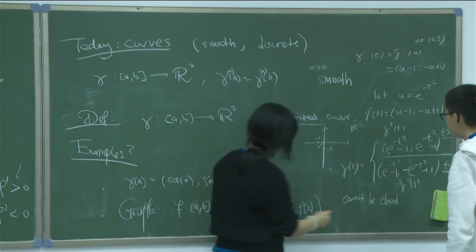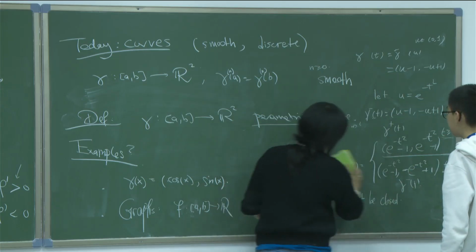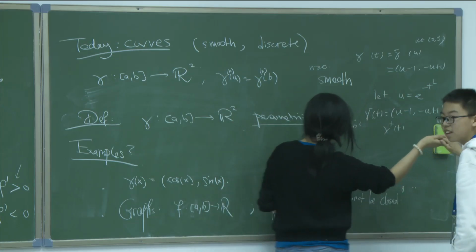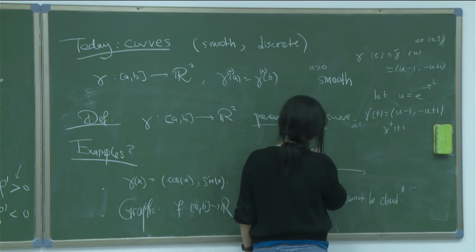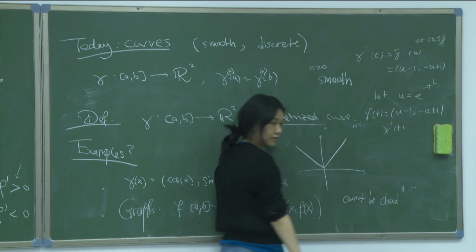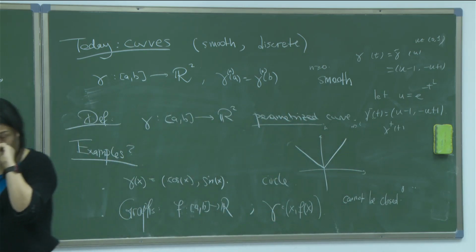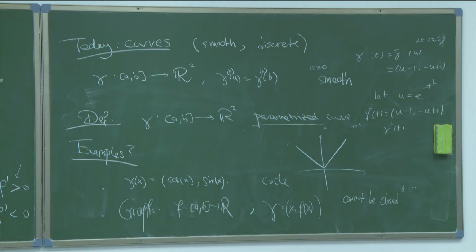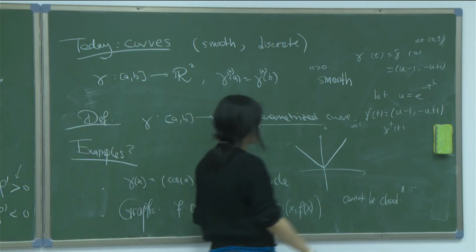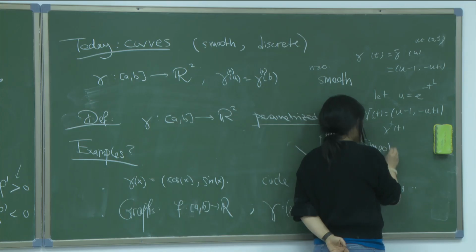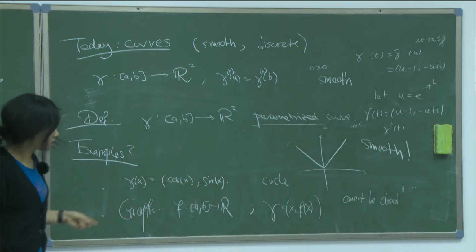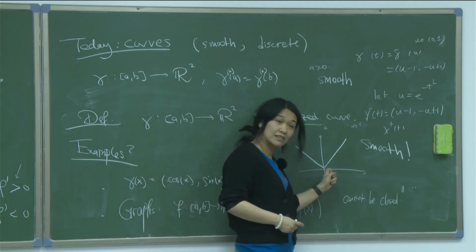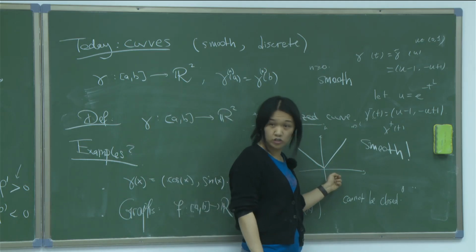I want it differently though. I would like to have the following curve. I'm really bad with formulas. I would like to have this curve, really similar to the example, but I want it to be smooth. Can you find me a parameterization of this curve, which obviously has a corner, which is smooth?